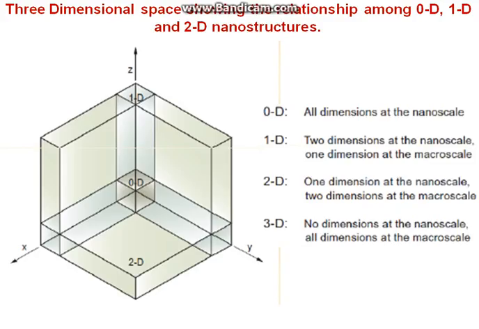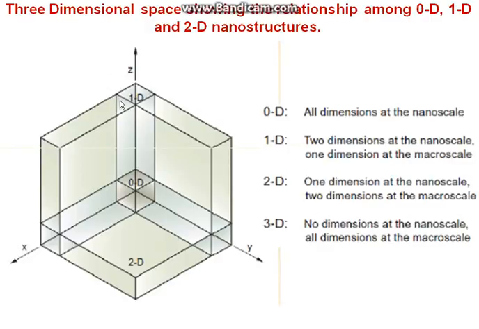So that brings me to my concluding slide in this screencast, which actually ties together this entire classification scheme that we have been talking about for the last few minutes. So let's start off with the zero-dimensional nanomaterial. Again, 0 dimensions not in the nanoscale, meaning all the 3 dimensions in the nanoscale, this part of your figure here.